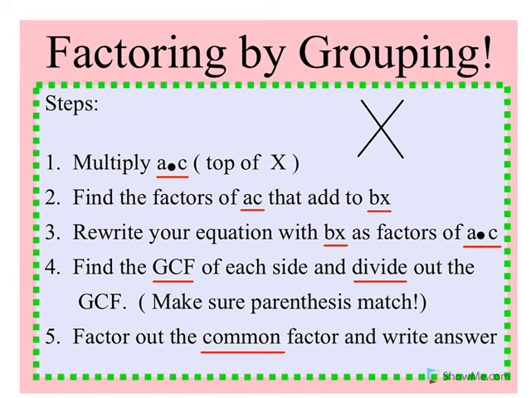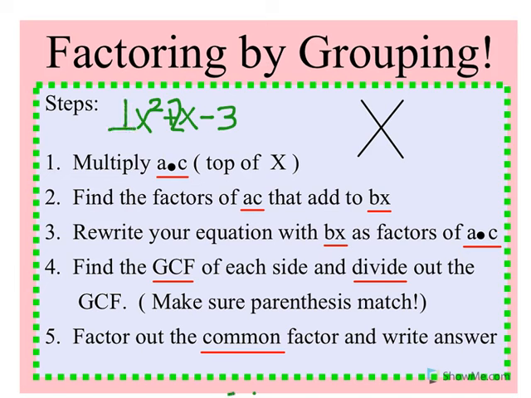The first thing you're going to do is multiply a times c, and whatever that number is, you're going to put it on the top of the x. So for example, if we had x squared plus 2x minus 3, we would multiply a times c. Well, a is the coefficient on the x squared.